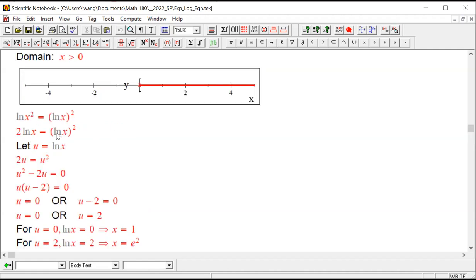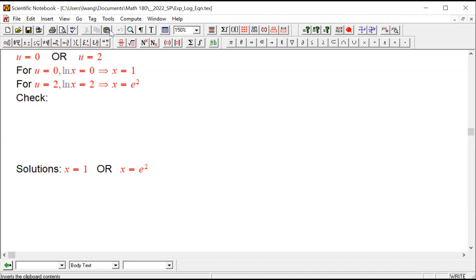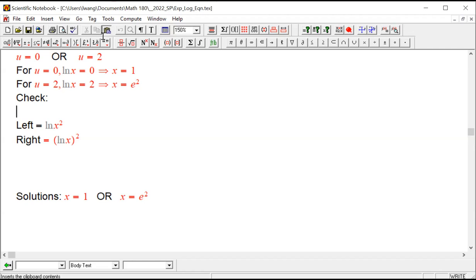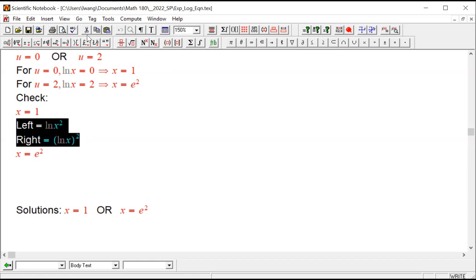So you're going to check the left-hand side and right-hand side. Okay, so this is the left-hand side and this is the right-hand side. Okay, for each number, for x equals to 1, for x equals e squared, you're going to check the left and right.